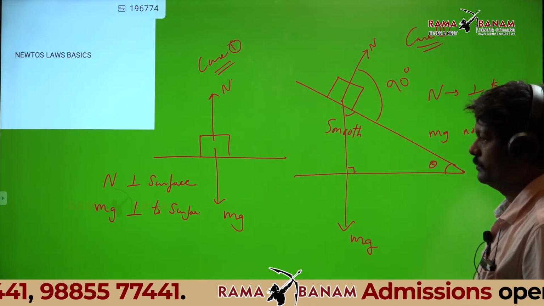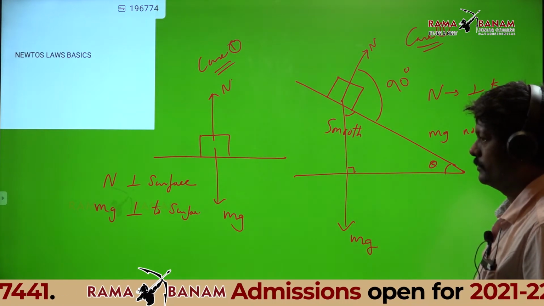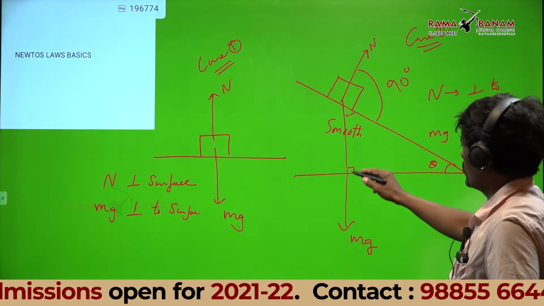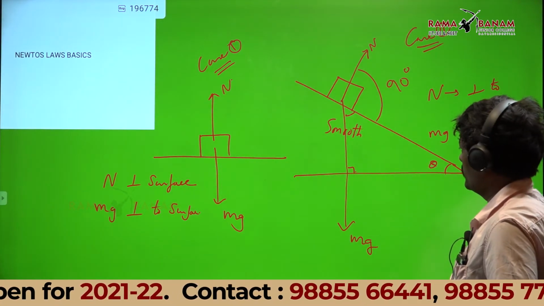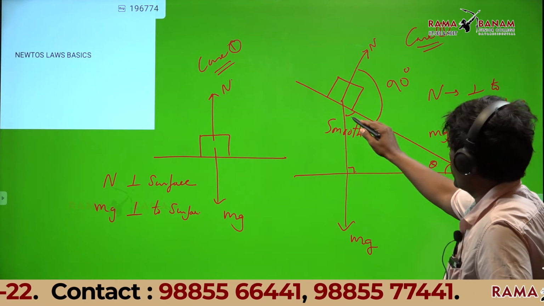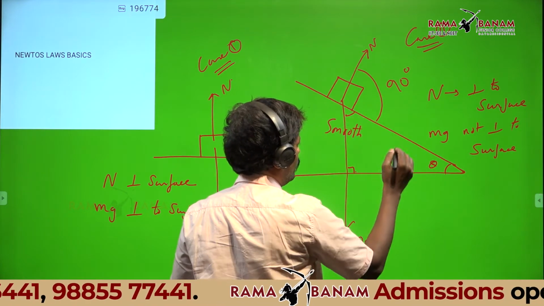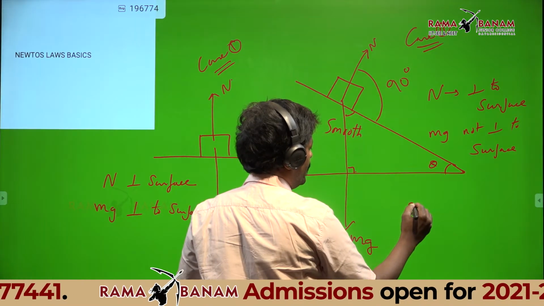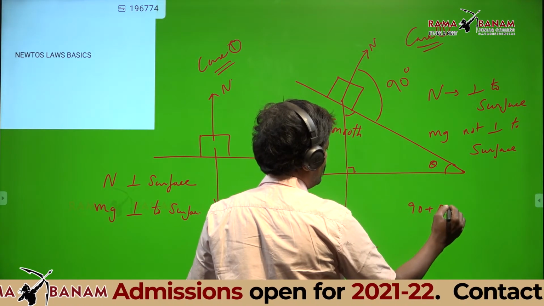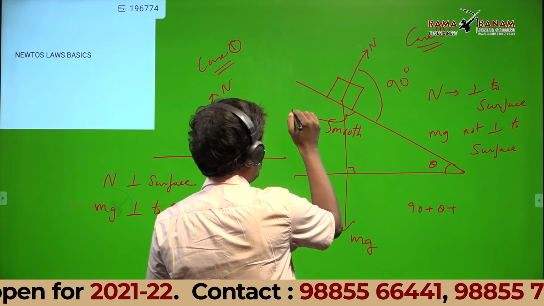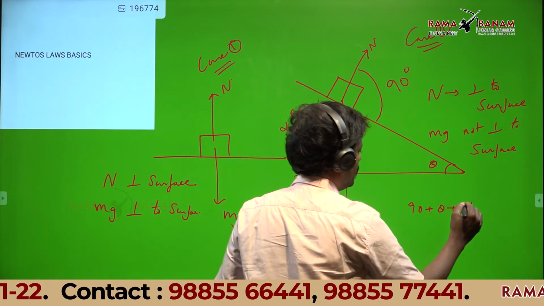Sir, is there a case with 90 plus theta? No, case 2 is 90 minus theta. How do you get 90 minus theta? The sum of the angles should be 180. 90 plus theta plus this angle, I will take it as alpha, because you are asking, equals 180.